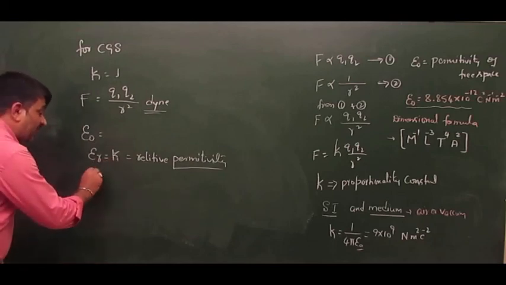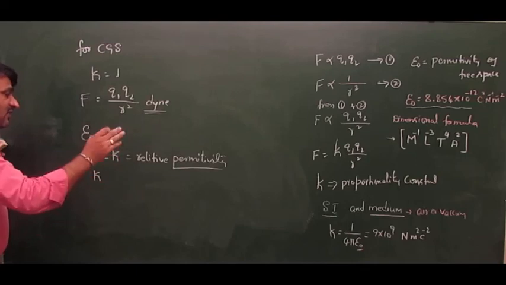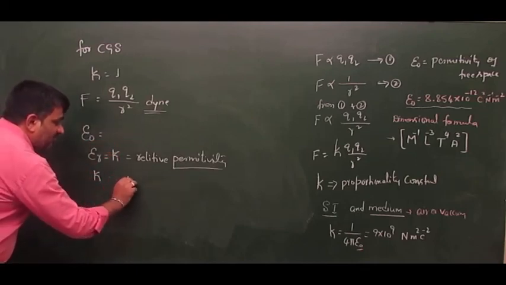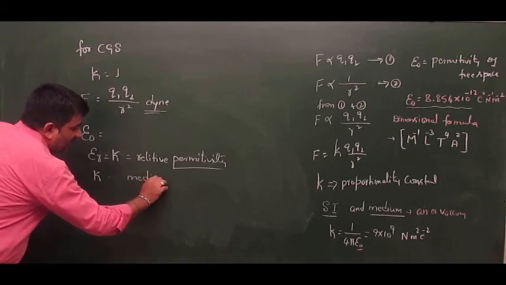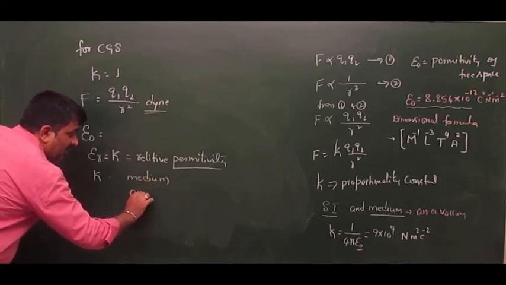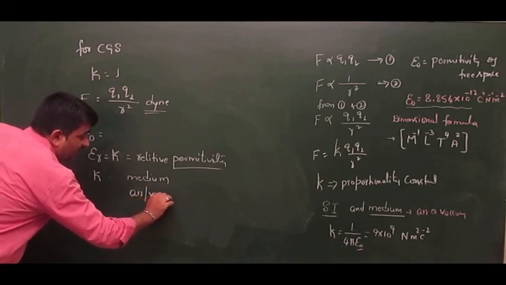The value of K for different mediums is also different. So the K value and medium: for air or vacuum, K value becomes 1.